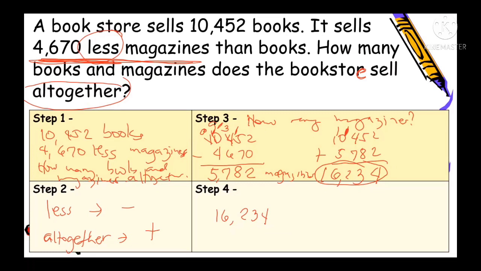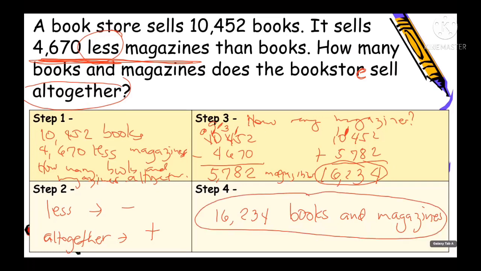Yes, so we will put books and magazines. So we have 16,234 books and magazines. That will be our final answer. Easy. Easy, easy.